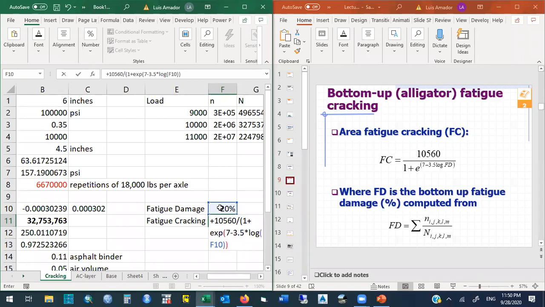Just write it down. This is incorrect. There's something wrong in the calculation.